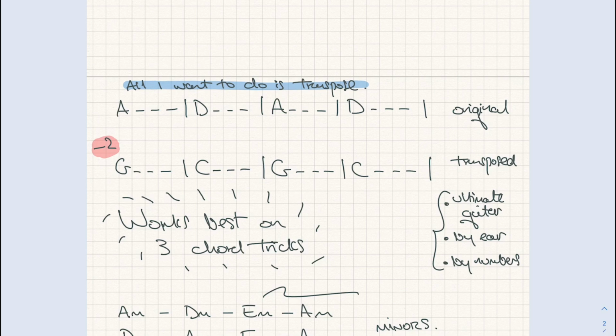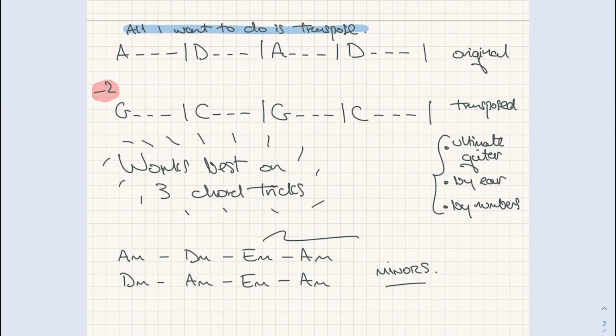We hit -2, or we hit -1 twice. It changed the chords to G, C, G, C. It still sounded roughly the same because there were still the same numbers. 1, 4, 1, 4.